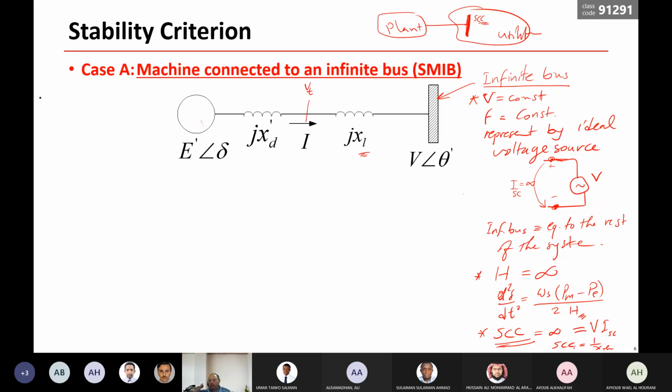So short circuit capacity can be represented by 1 over X equivalent. If you have the utility and you know its short circuit capacity, you can do your analysis of your plant. This is my plant now, and here I can reduce all the network by its Thevenin equivalent.